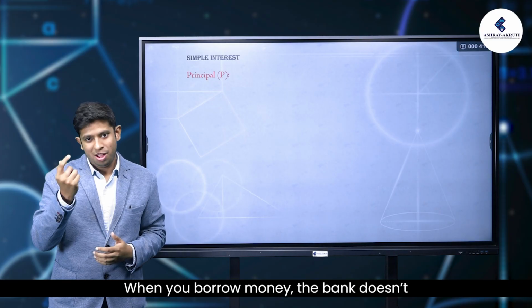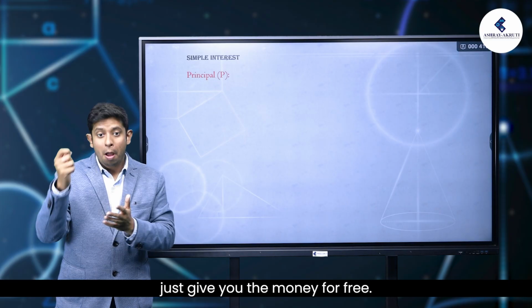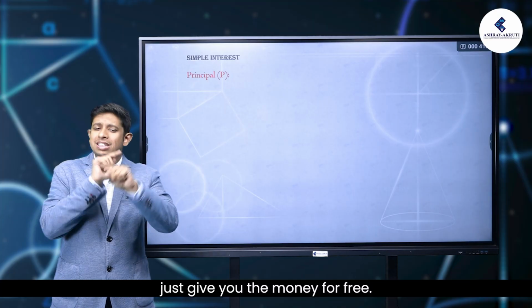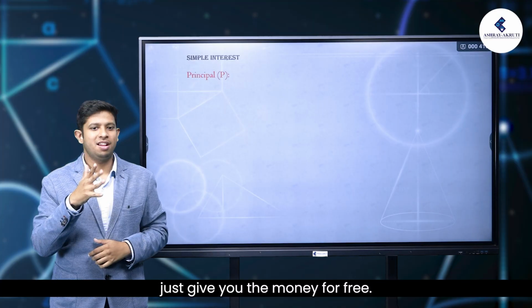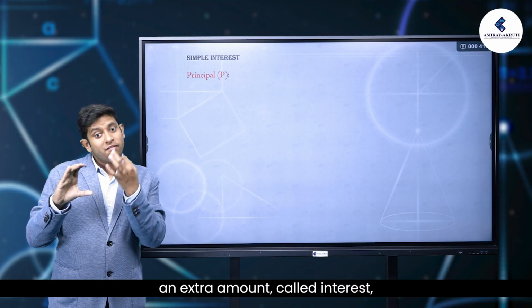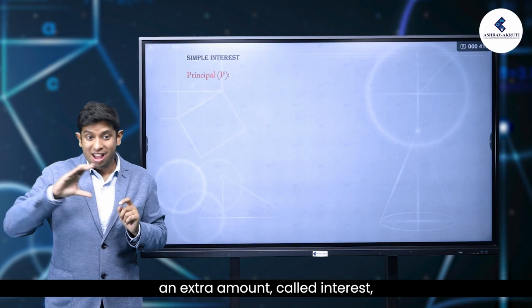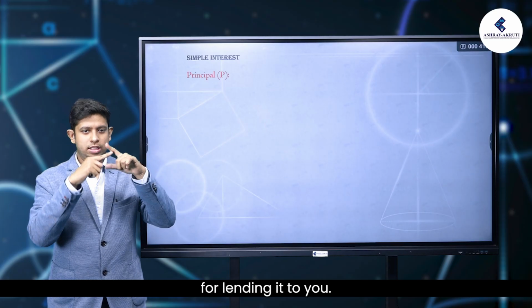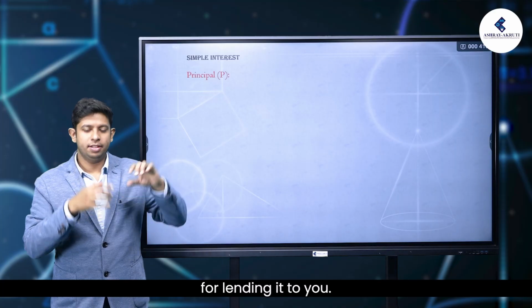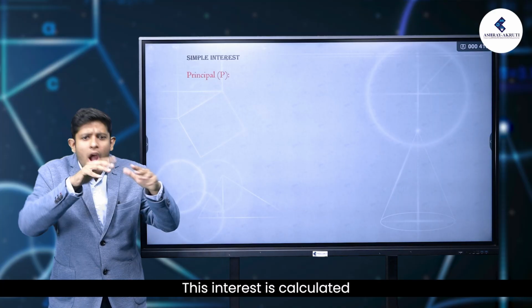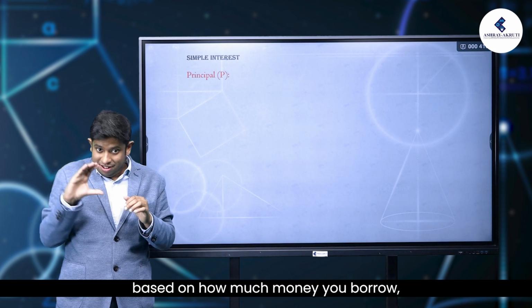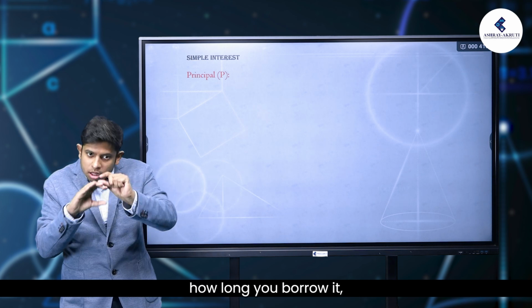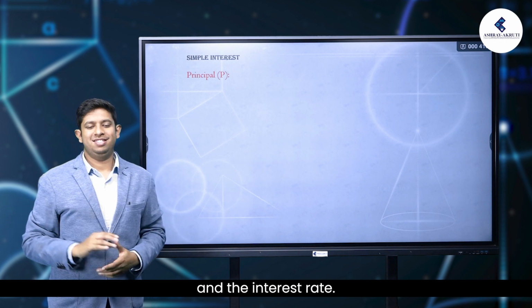When you borrow money, the bank doesn't just give you the money for free. They charge you an extra amount called interest for lending it to you. This interest is calculated based on how much money you borrow, how long you borrow it, and the interest rate.